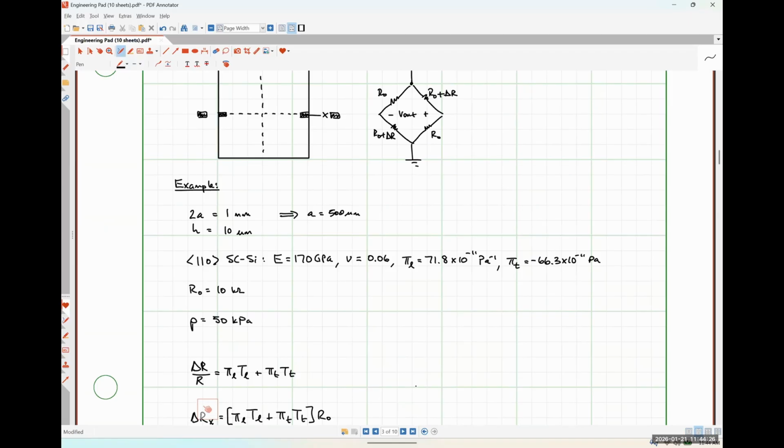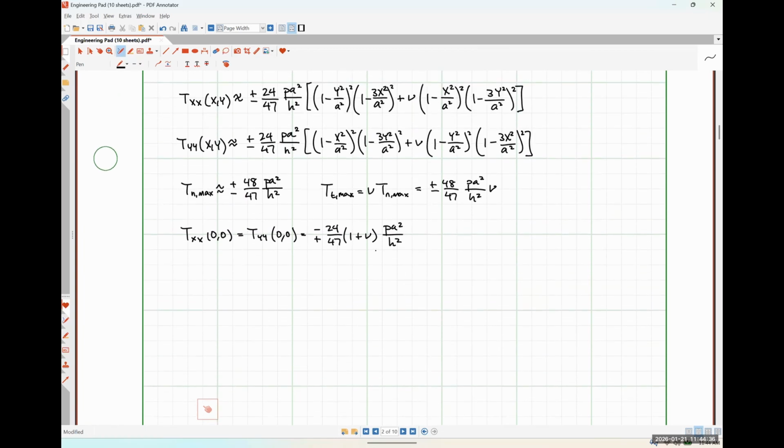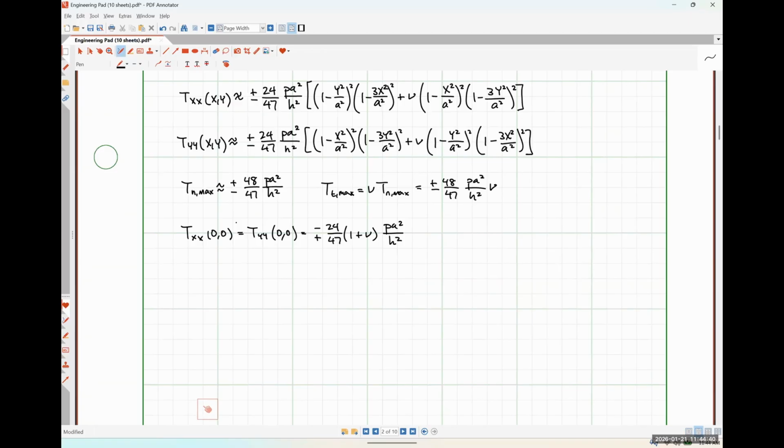So where did we put our piezoresistors? At the maximum strain point. So I think we can say pretty emphatically, if we scroll up here, this is our maximum longitudinal, and this is our maximum transverse, right?